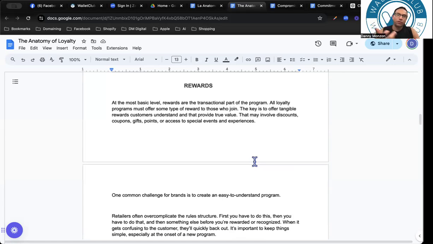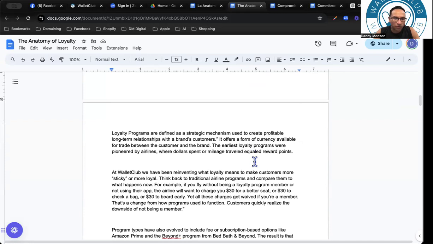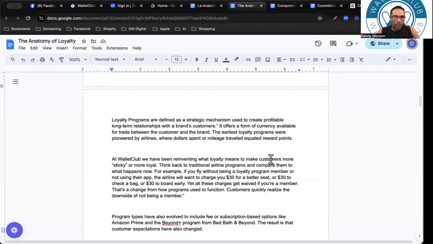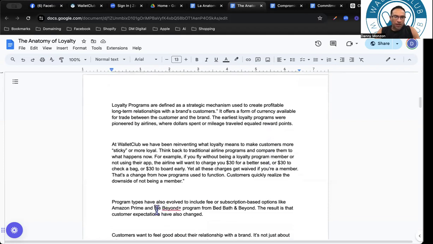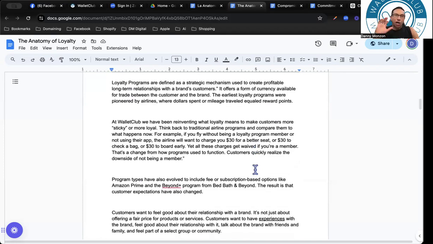In order to get there, and I think it's covered here actually before the beginning of the three R's, there is a mention where companies like Bed Bath and Beyond and Amazon Prime and others use a hook to get people to sign up. People are lazy, distracted, and busy.